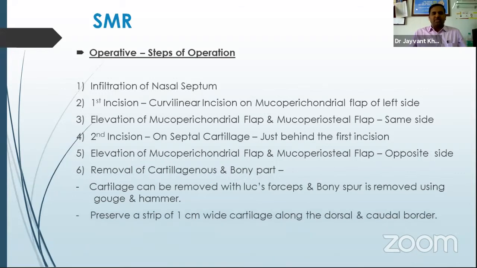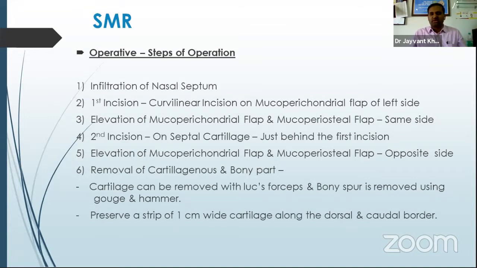Okay. Preserve a strip of 1 centimeter wide cartilage along the dorsal and caudal border. As I said earlier, 1 centimeter of nasal septum on the dorsal side and columellar side.